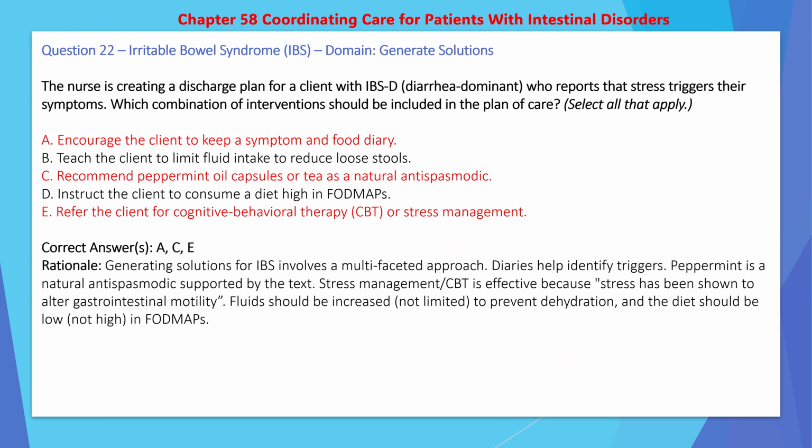So we just completed a comprehensive review of chapter 58. This was part 3. So we end here with patients with intestinal disorders. You have practice questions covering safety and infection control, like appendicitis and peritonitis.